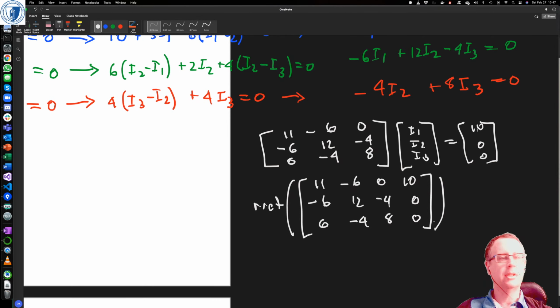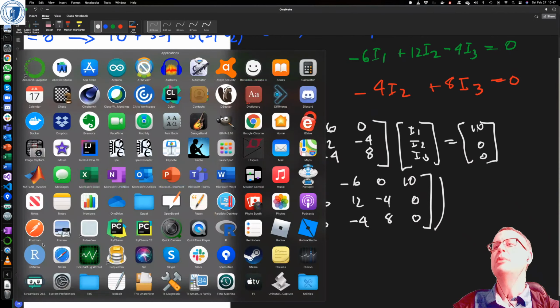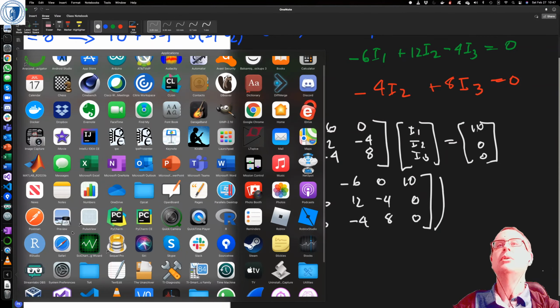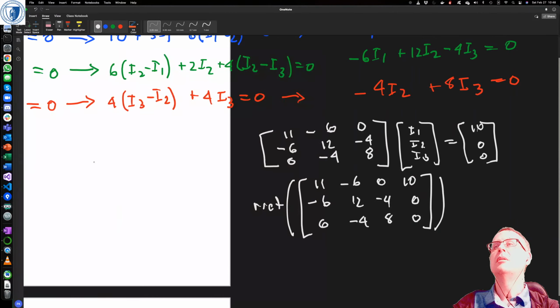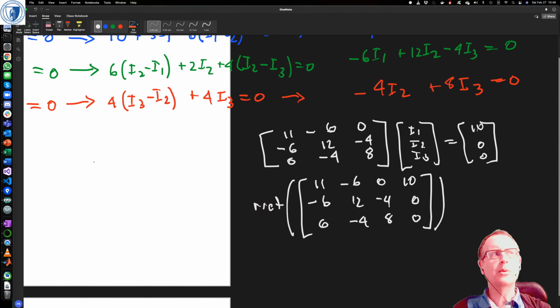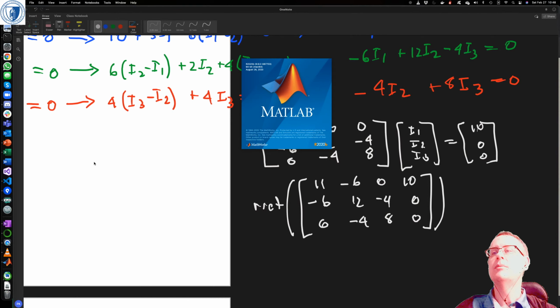And I haven't fired up MATLAB yet. Let me do that. Like I said, you should be able to do that relatively easily in your calculators. But I don't see me doing it on a calculator and showing you is going to help because the focus on the webcam isn't great, at least for close work.